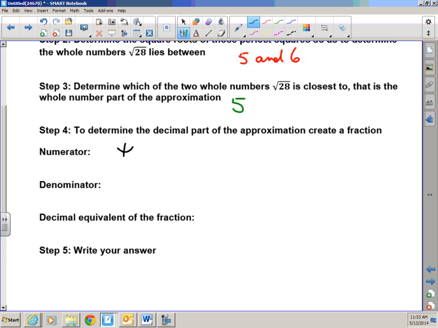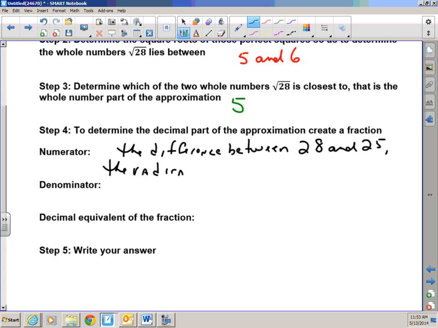The numerator is the difference between 28, the radicand, and the smaller perfect square, 25 in this example.